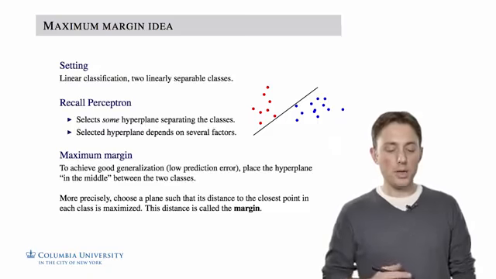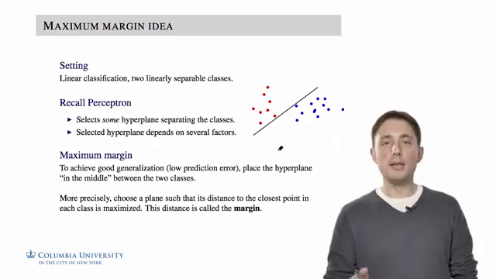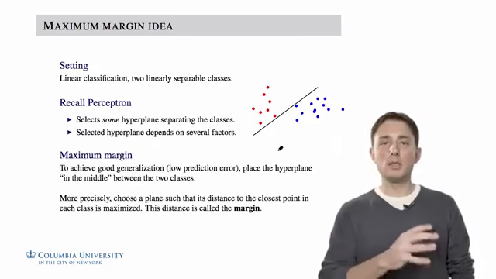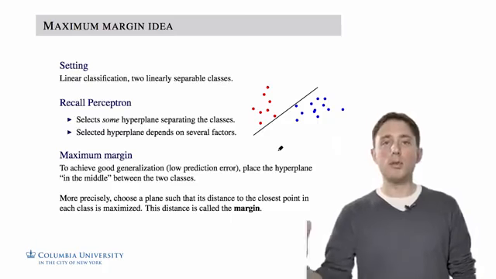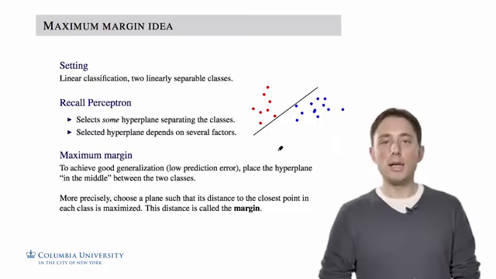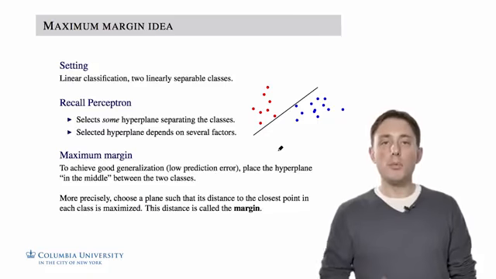So remember, with the perceptron, if we have two classes that are linearly separable, meaning that we can find a line or a hyperplane that perfectly separates the two classes, so that all the data points in one class are on one side of the hyperplane and all the data from the other class are on the other side, the perceptron will find that hyperplane.